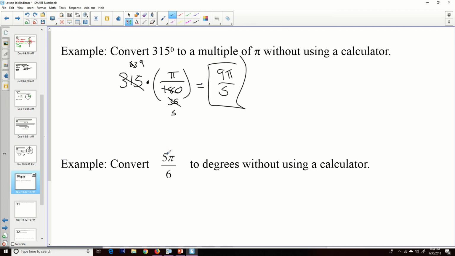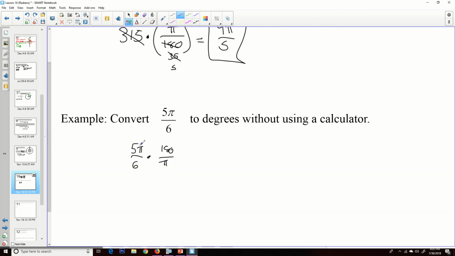Convert 5 pi over 6 to degrees without using a calculator. So we'll again start with 5 pi over 6. This time, since we're changing from radians to degrees, all we need to do is flip our conversion factor. We'll put the 180 over pi here. And you'll notice that the pi's cancel out because I've got pi on the top, pi on the bottom.